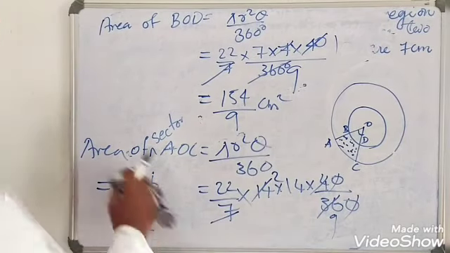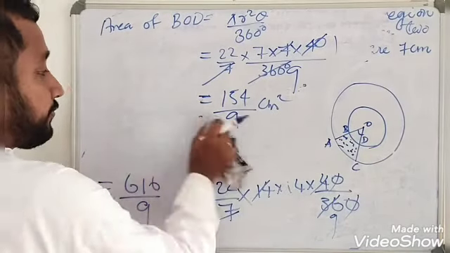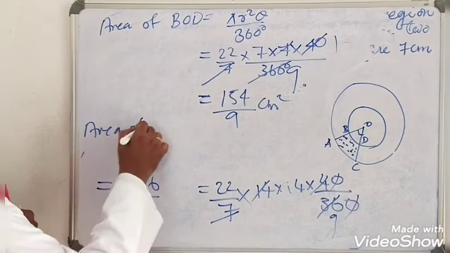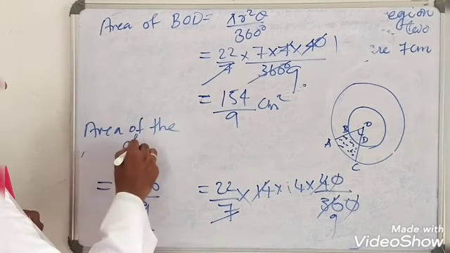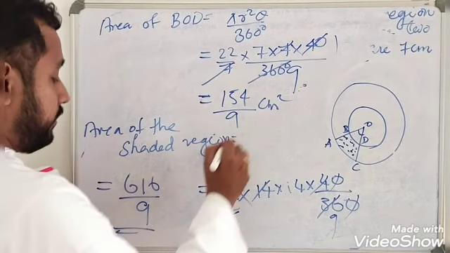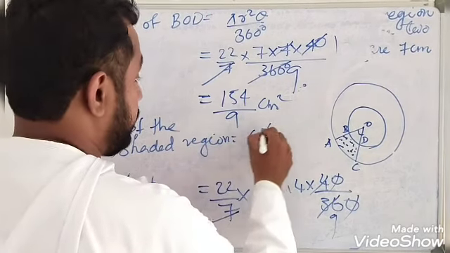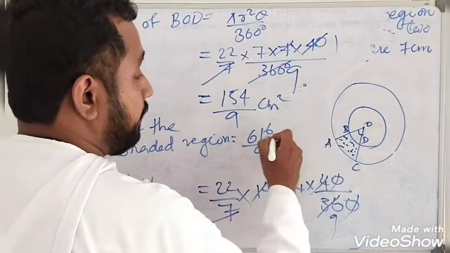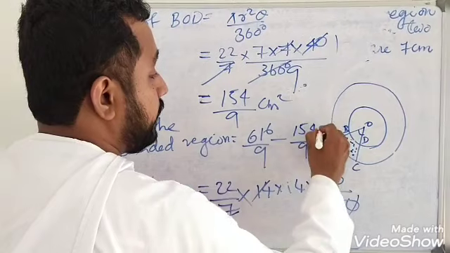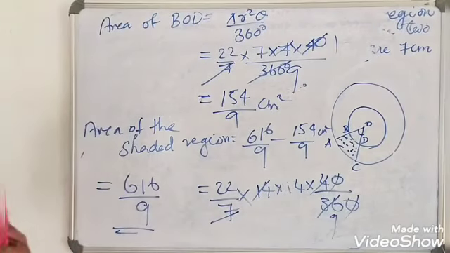So the area of the shaded region is 616 by 9, the full area, minus this area, 154 by 9 centimeters square.